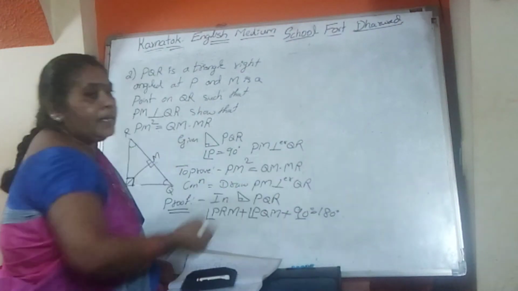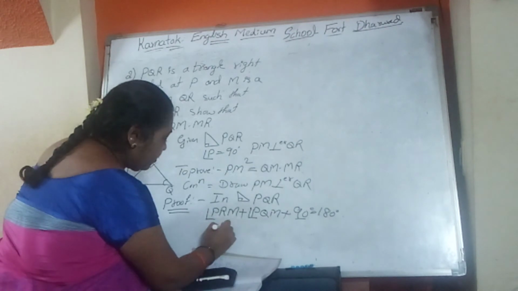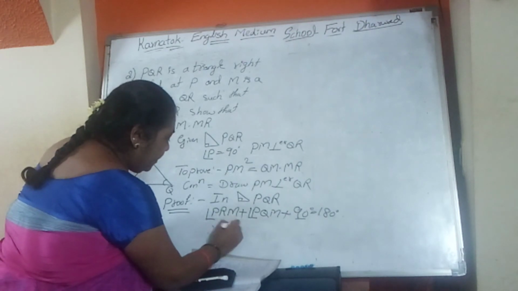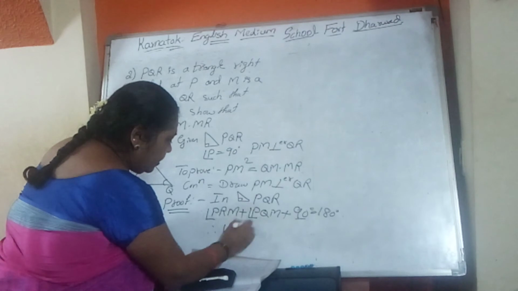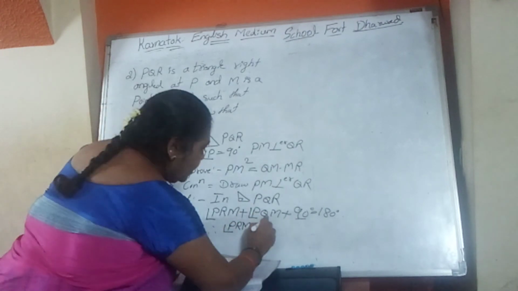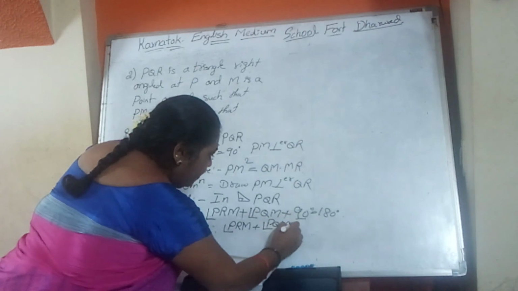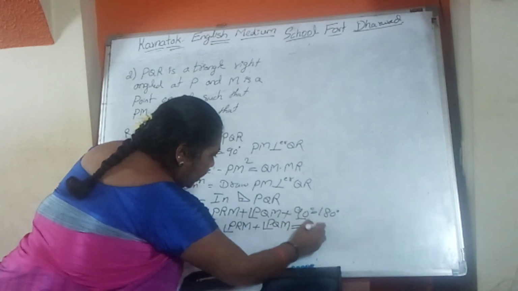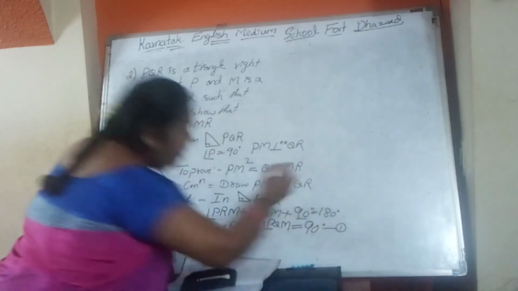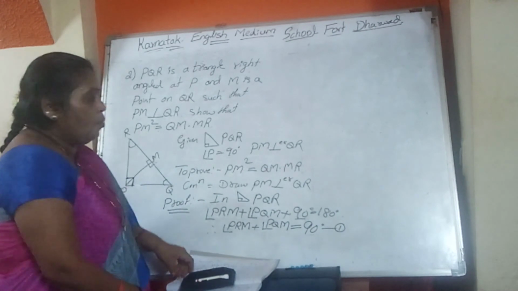It is minus. Therefore angle PRM plus angle PQM is equal to 90. This is 1.